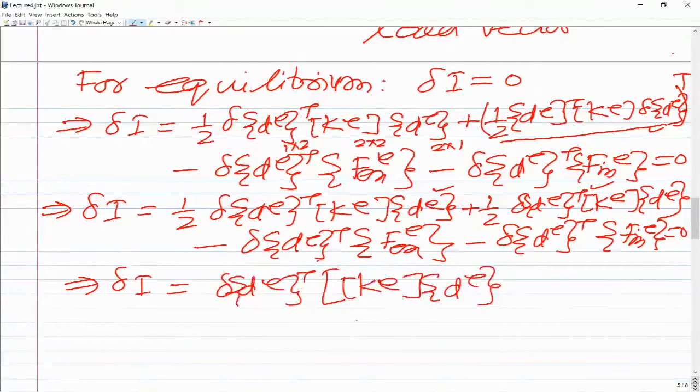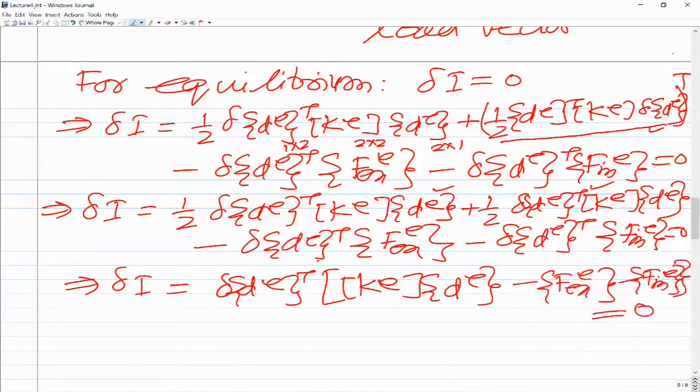So we will have delta D transpose K into D. From the second term we will have minus F external for the element, because delta D transpose is already taken common, minus F internal for the element, and then this whole thing is equal to 0.